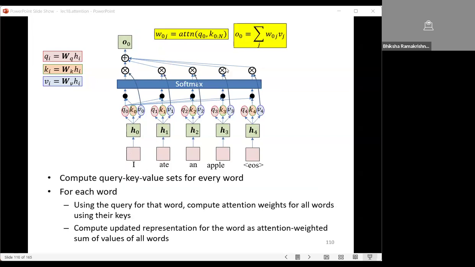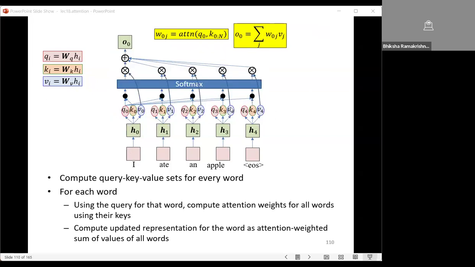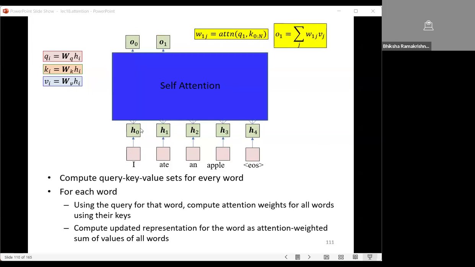So the updated representation for I is going to be the weighted sum of all of these values. And so this is the self-attention block. The input string is paying attention to itself. I can do the same thing. Now I can use the query for 8 and compare it to all the keys for H0 through H4 to get their weights, and then get a weighted sum of their values.